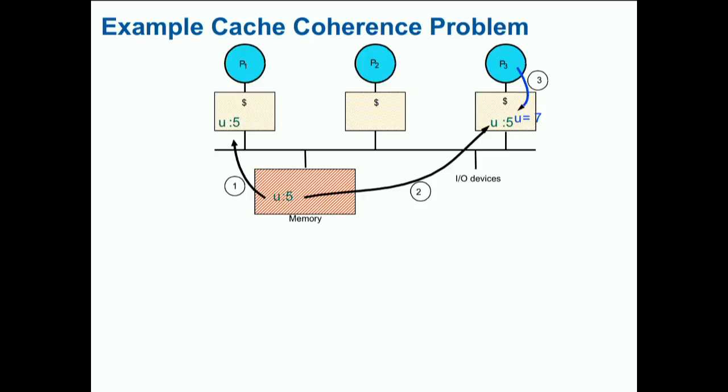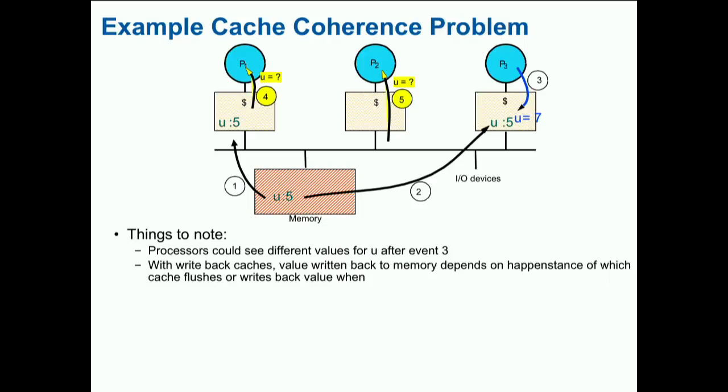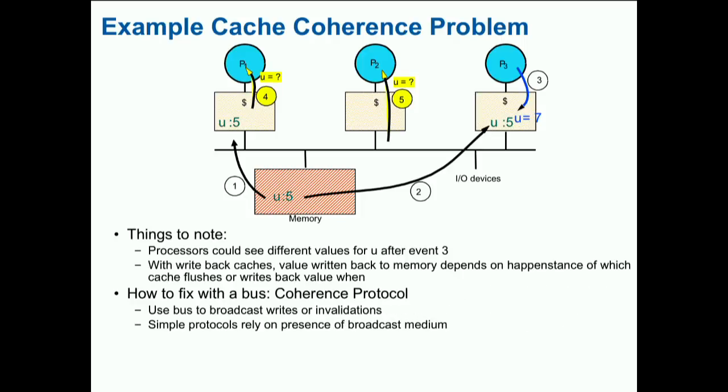And the thing called sequential consistency would require that if after this point P1 makes a read, it should read 7 if these things are properly sequentially consistent. How do you ensure that? Well, there's lots of protocols that I'm not going to talk a lot about, but fundamentally what it turns into is called the coherence protocol, right?